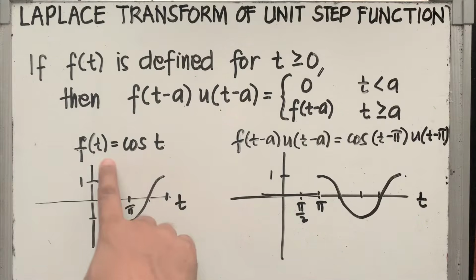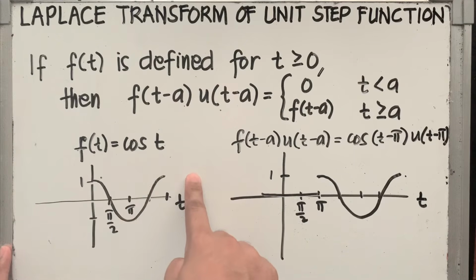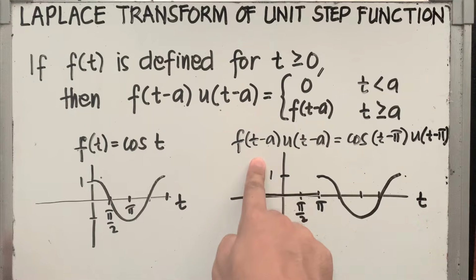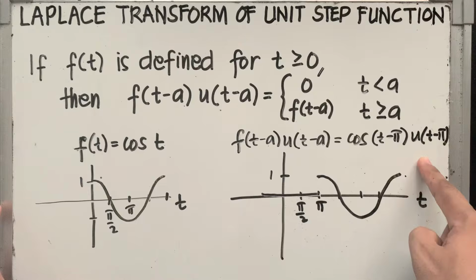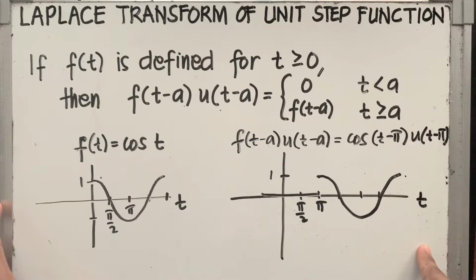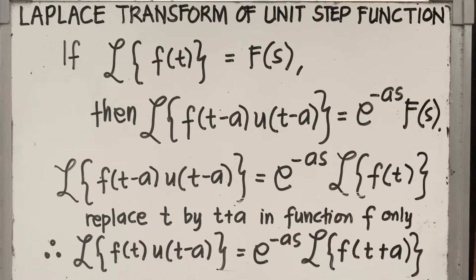So for instance, if the given function is equal to cosine t, so you can see there the graph of the cosine. Now, if it is shifted to a unit, say for instance the a value is pi, then our graph here, as you can see, so it shifted to, so basically it started from pi. So that's how you present the given unit step function, shifted unit step function.